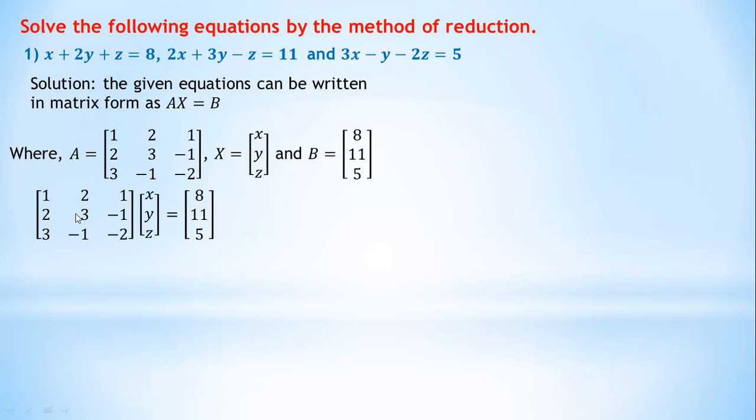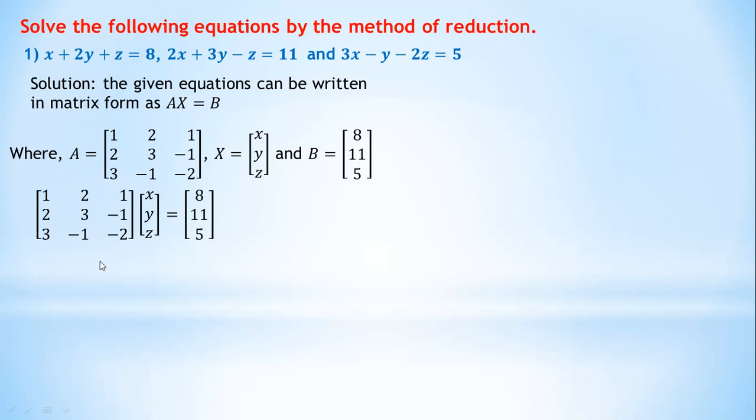Now as we know, we have to convert this matrix A into an upper triangular matrix or lower triangular matrix, but we prefer upper triangular matrix. So in case of a 3 by 3 matrix, here we require 0, then we require 0, and then here we require 0. To get these three zeros, we will perform suitable row transformations on both sides.